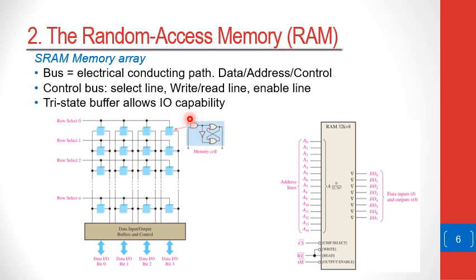So the select lines are all connected with the row select, and the lines that go down to the data IO buffers are the input output lines. So this would be the input line, this would be the output line, this would be the input and output line. Because with an SRAM you can read and then write to it.